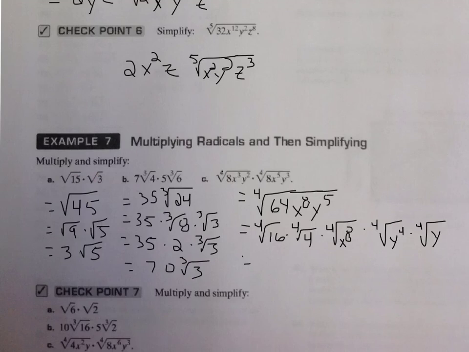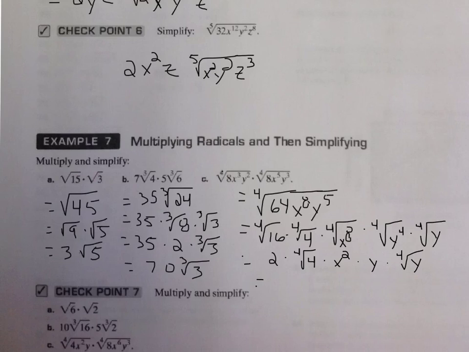Alright, so the fourth root of 16, we can do that. That is just 2. And then times the fourth root of 4, we can't do that. The fourth root of x to the 8th, we're going to take the 8 and divide by 4. That's going to give us x squared. The fourth root of y to the 4th, that's just going to give us y. And the fourth root of y we can't do, so that's the fourth root of y.